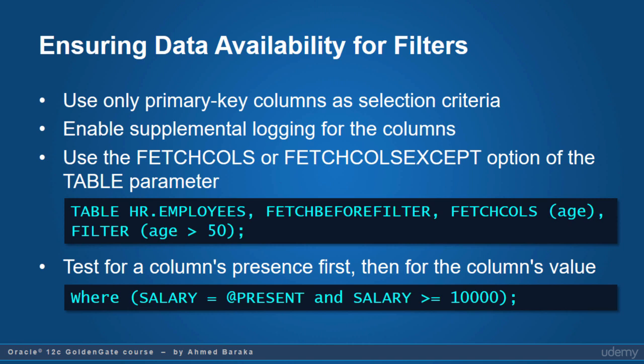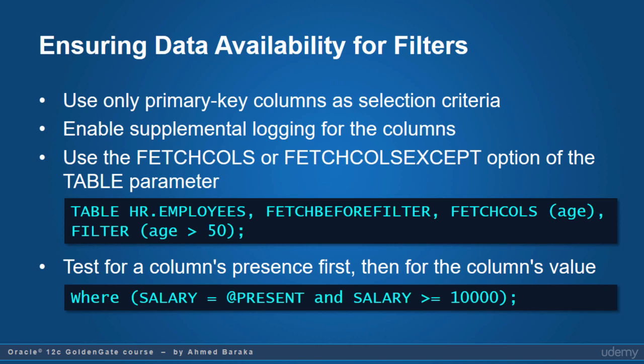If possible, make criteria refer to the primary key columns. Primary key column values are always there in the transaction log data. If that is not possible, consider enabling the supplemental logging for the referenced columns in the source database. Another solution is to use the fetch cols or fetch cols except option of the table parameter.